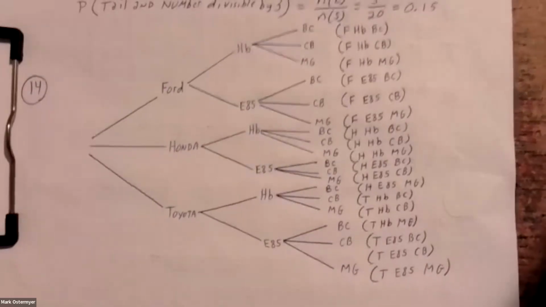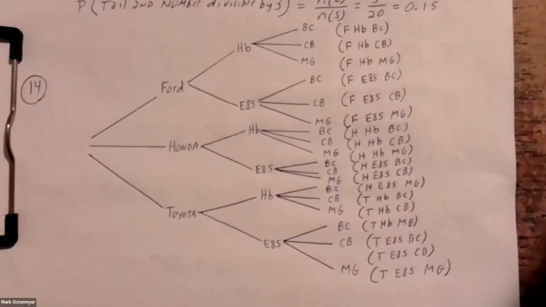All right, are we getting all these 18 outcomes here? Once you get the outcomes, answering the questions is pretty simple.